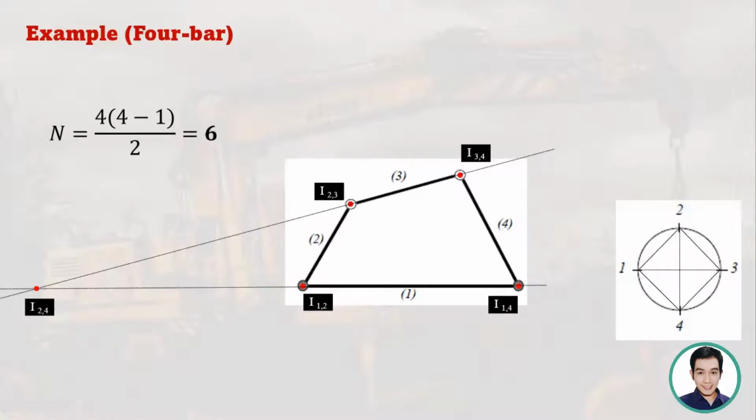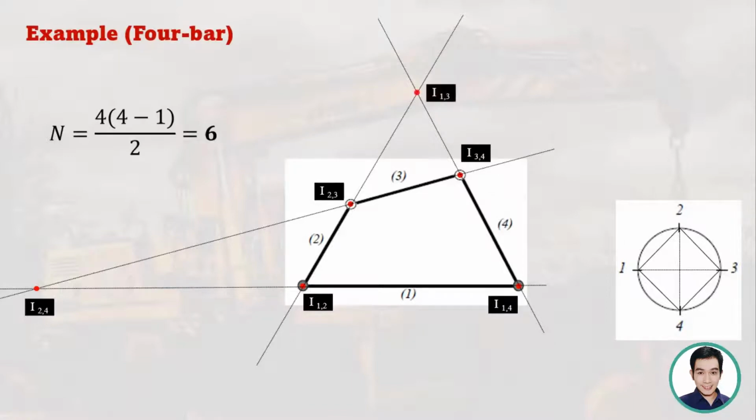Starting with 1, 2 and 2, 3: 1, 2 is here, and 2, 3 is here, so we connect, then extend. The other sides are 3, 4 and 1, 4, so we connect and extend. The intersection is the point we are looking for, which is the instantaneous center 1, 3.